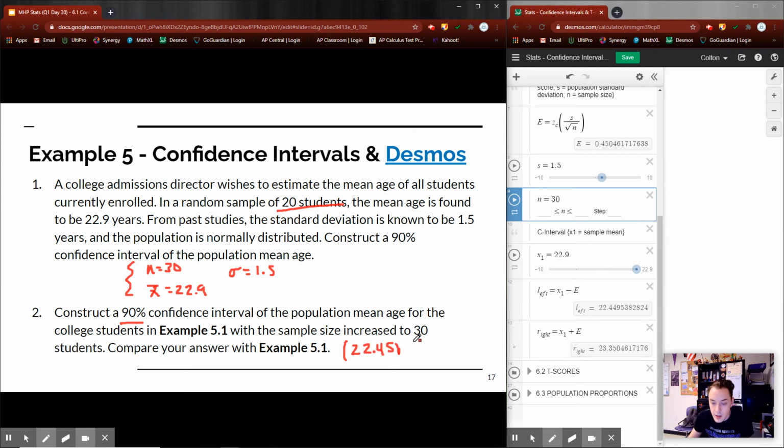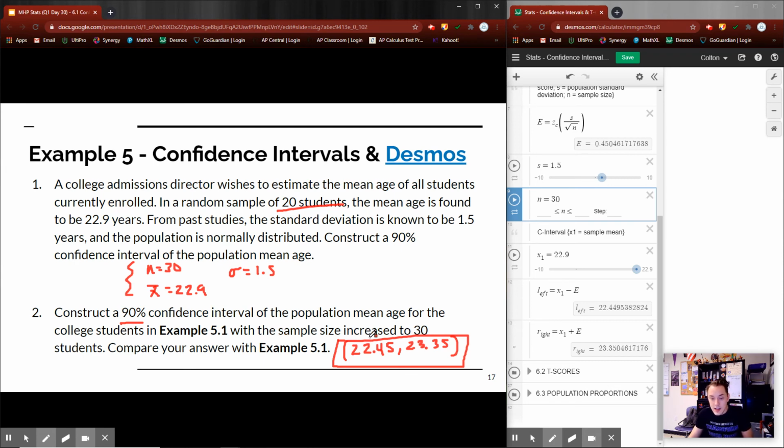That is 22.45, comma, 23.35. So that is my confidence interval. Now compare it with your previous answer.